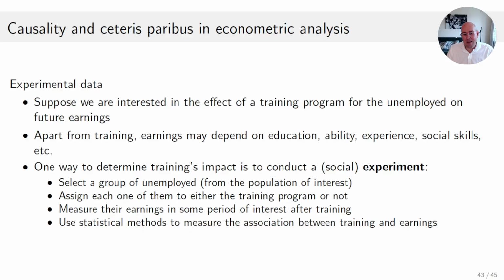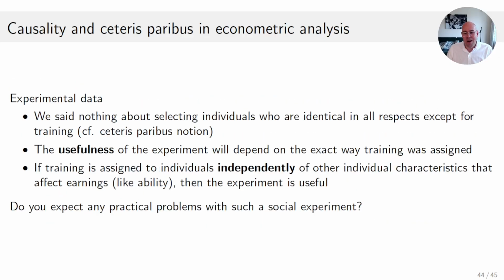Statistical methods can be used to measure the association between training and earnings, but what we really need to get right is this whole setup and the assignment. What is really key is that we assign individuals in the right way to the two treatment conditions, training program or not, and this will determine how useful the experiment actually is.